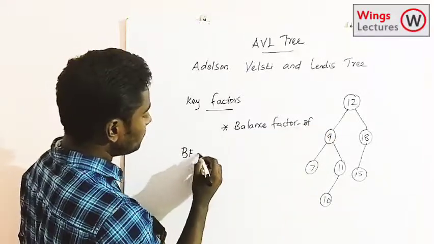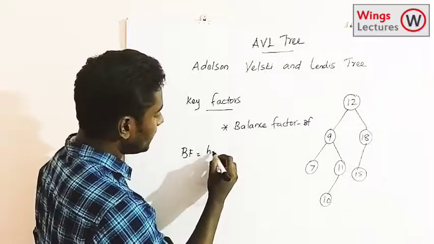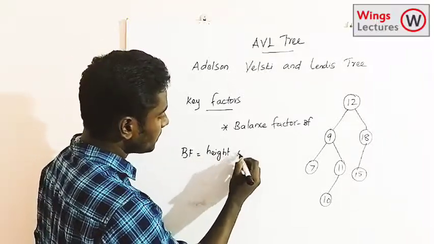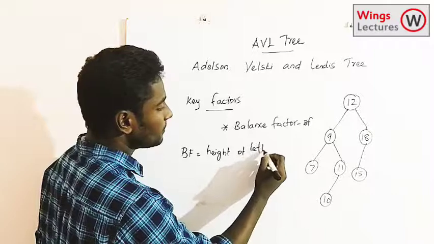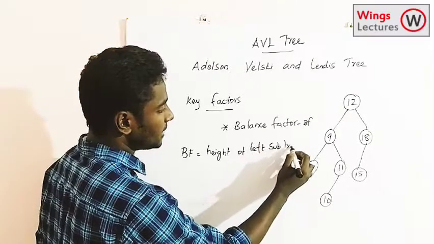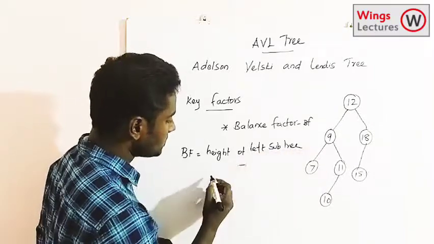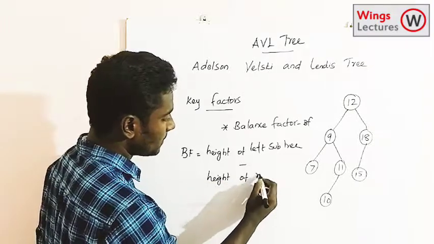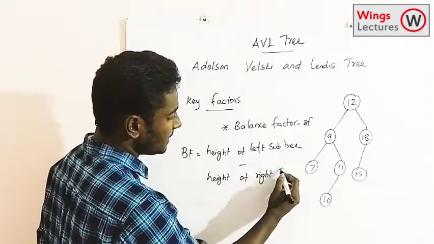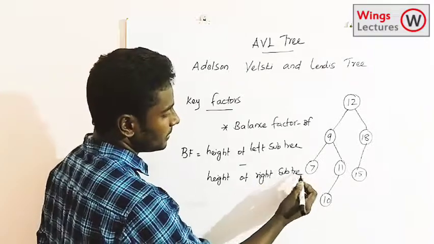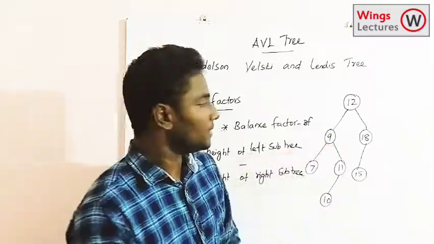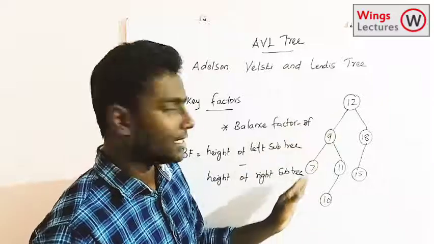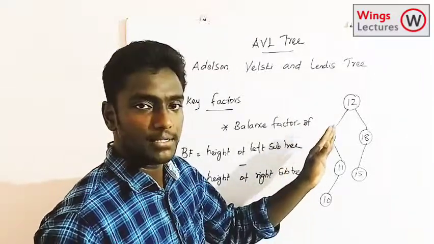Balance factor BF is equal to height of left subtree minus height of right subtree.